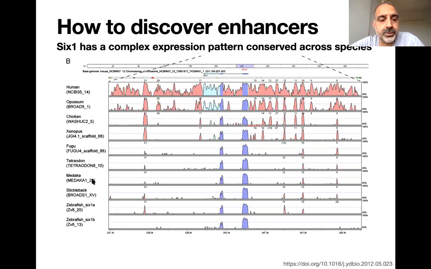Why would you use Fugu over any other fish to do comparative genomics? Anyone? No? Okay. So Fugu has the smallest vertebrate genome. So it seems to have been stripped of any kind of what people have called junk DNA. And so any comparative approach done using Fugu is generally fairly rigorous.